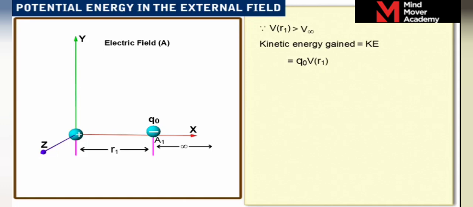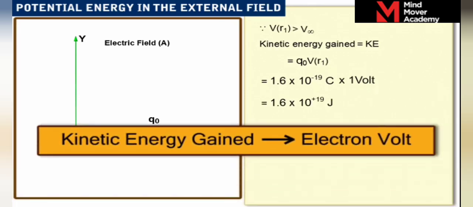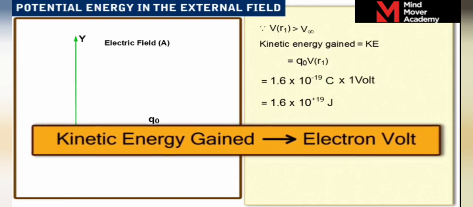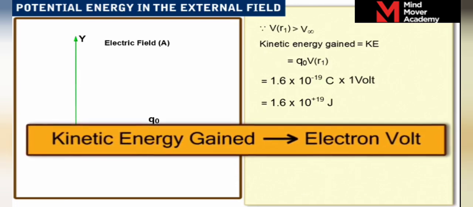The magnitude of the charge on the electron is 1.6 into 10 power minus 19 coulomb, and V1 is equal to 1 volt. Therefore, the kinetic energy gained will be equal to 1.6 into 10 power minus 19 joule. This kinetic energy gained by the electron is called 1 electron volt.